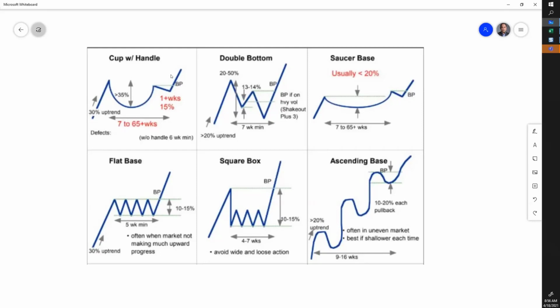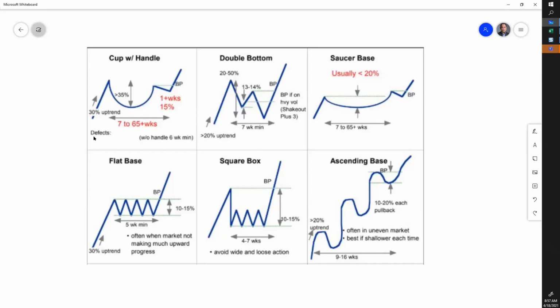So ito yung cup with handle, and then the other variant is pagka ni-retrace niya all the way to the top here, and then it breaks the cup without forming a handle, then dapat mabilisan nangyayari yun. So without handle, 6 weeks yung pinaka-minimum na pwedeng mangyari yun. So 6 weeks consolidation and then break na dapat.